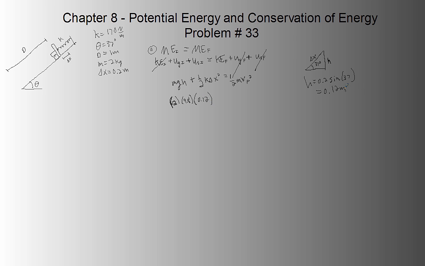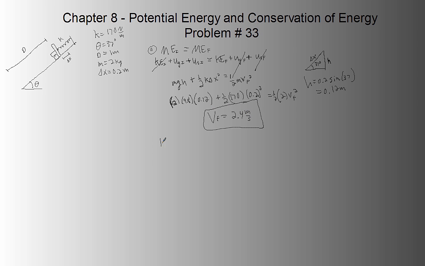That's the height that it vertically drops while it's being pushed out by the spring. Plus 1/2, k is 170, delta x is 0.2 squared. That's going to equal 1/2, mass is 2, velocity final squared. Solve for velocity final, a little bit of algebra here, and that's going to equal 2.4 meters per second.